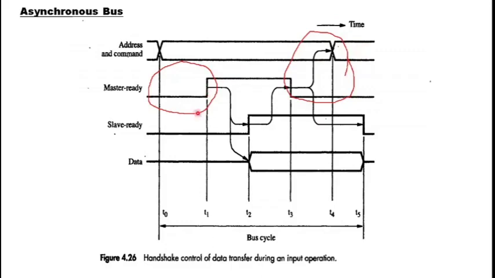So between T0 and T1, address and command is made to stabilize over all the slaves, and only then is master ready activated. And between T3 and T4, address and command information is kept stable till all the slaves get the view that master ready is pulled down. Okay, so that is how skew is compensated by the master at two instances.